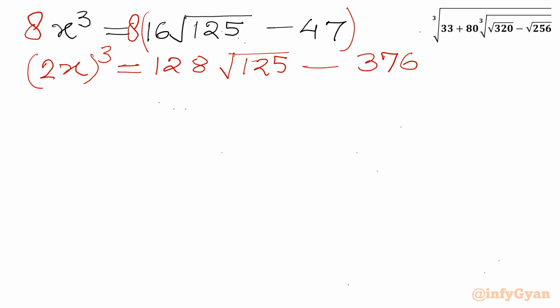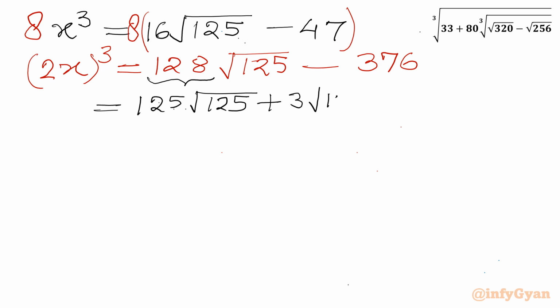Now I will split 128 as 125 plus 3. So I can write 125 root 125 plus 3 times square root 125 minus 376. We can split minus 375 minus 1.